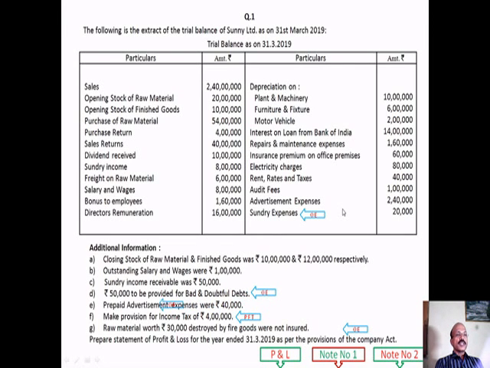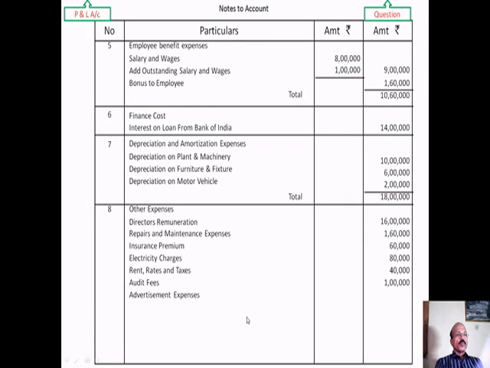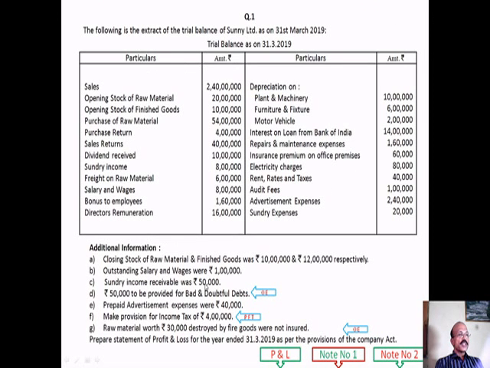Sundry expenses, and sundry expenses outstanding is there. So both will come here. Sundry expense, advertisement expenses and prepaid advertisement expenses total 2 lakh. Let's find out what is remaining there. Other expenses, yes, 50,000 provision for bad and doubtful debts, as well as raw material destroyed by fire.